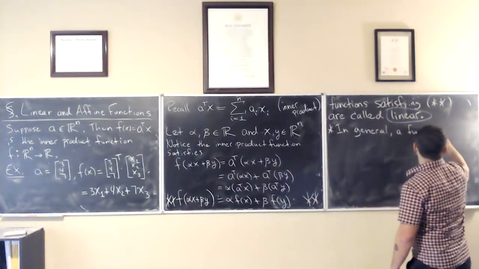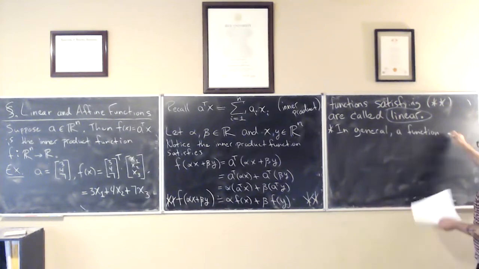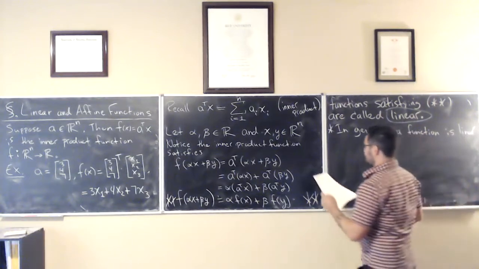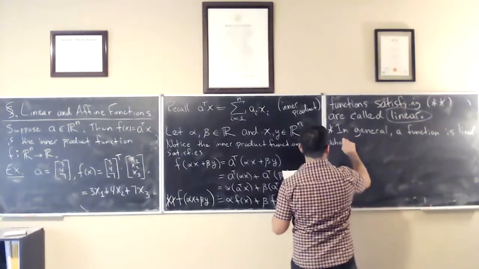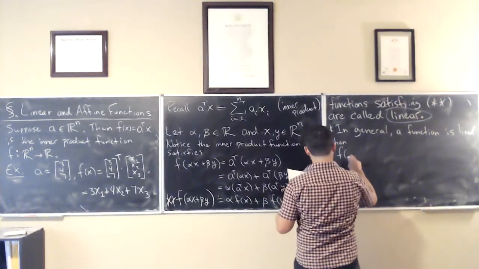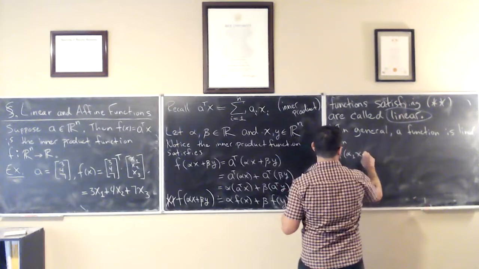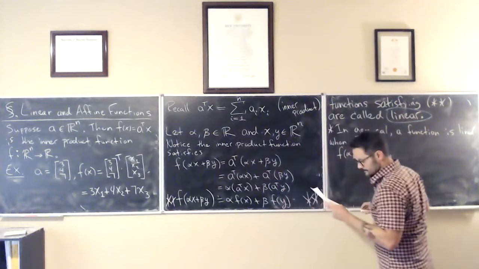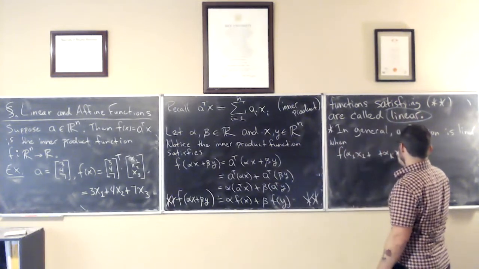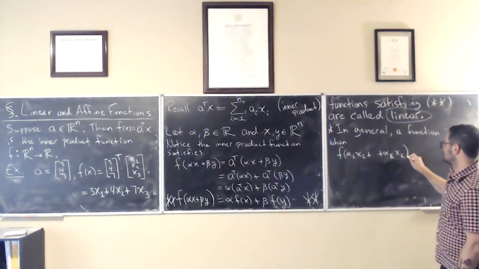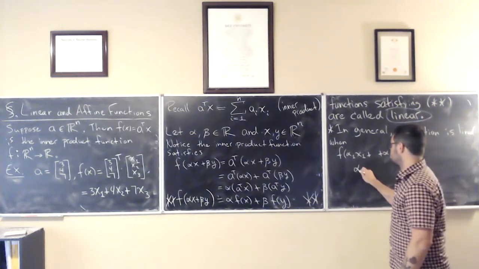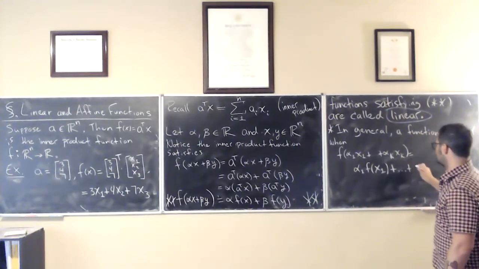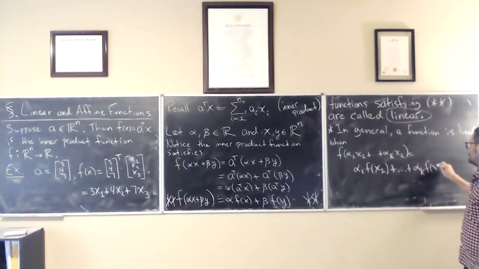A function is linear when f of alpha 1 times x1 plus dot dot dot plus alpha k times xk is equal to alpha 1 times f of x1 plus dot dot dot plus alpha k times f of xk.